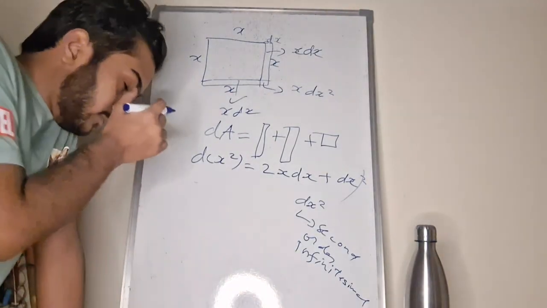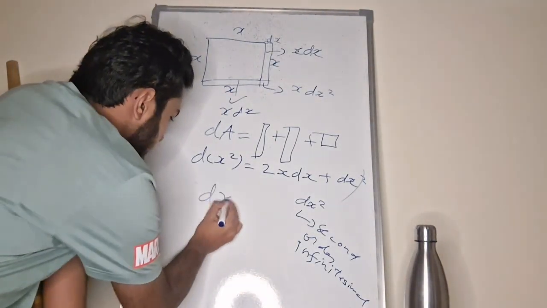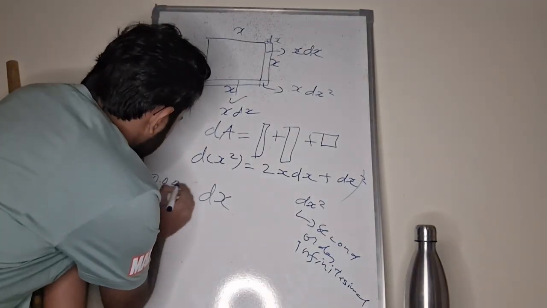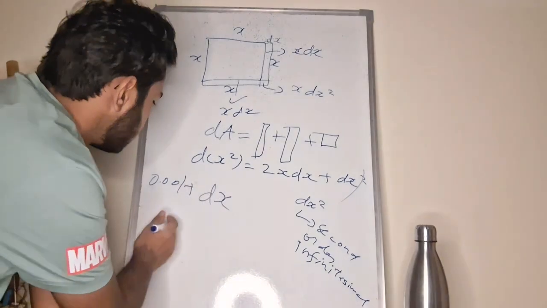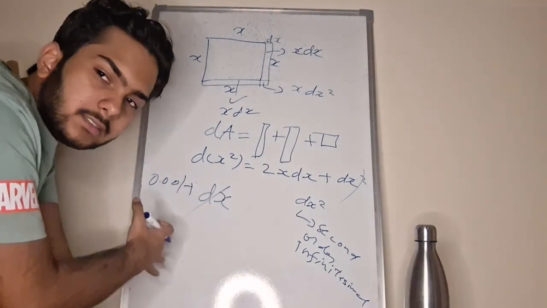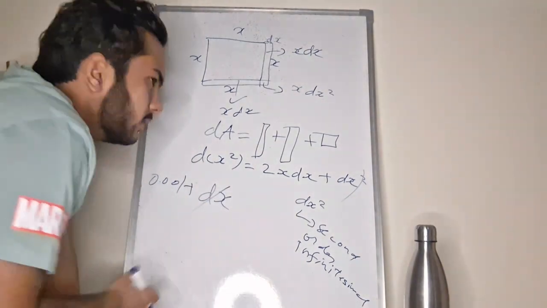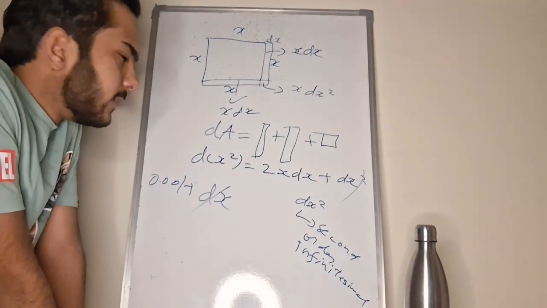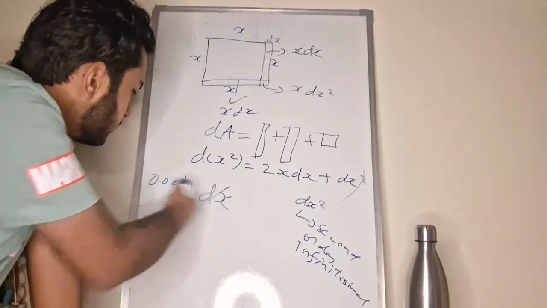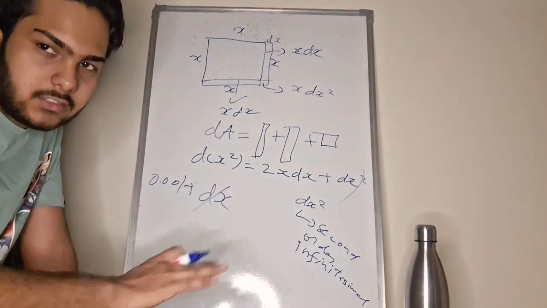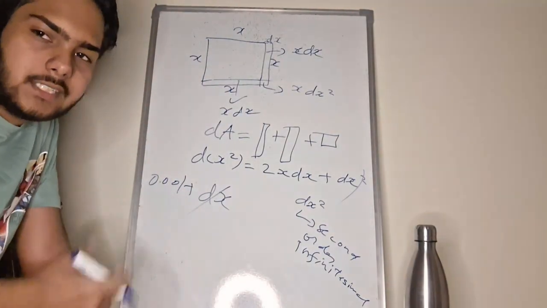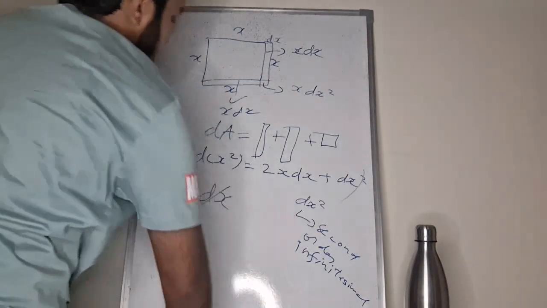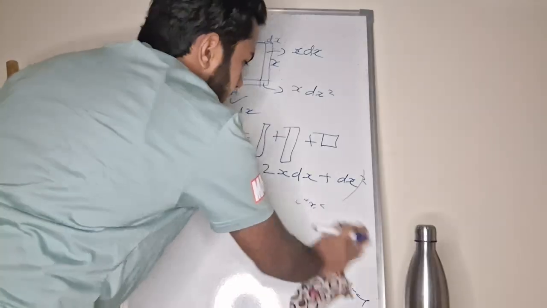Similarly, the first order infinitesimal is also infinitely smaller than any real number you think of. This 0.001 plus dx, we'll ignore it because the order is different. Just for the sake of interpretation and intuition, you could say that these two lie in different realms of reality, which is not the way they are, but for the sake of intuition and interpretation, you could say that. So that's why we eliminate this.